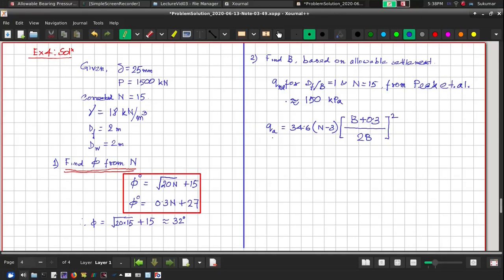Now using Q allowable equal to 150, we can solve for B for the given value of N, and in that case I get 150 equal to 34.6 into 15 minus 3 is 12 into this factor, B plus 0.3 by twice B whole square.